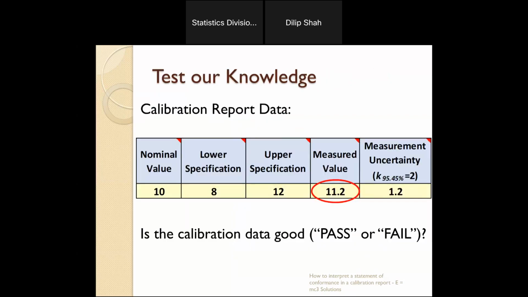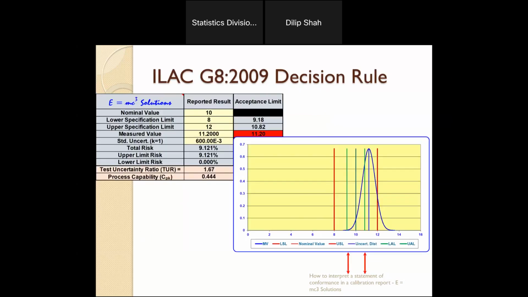So going back to our original scenario, we have the nominal value, measured value 11.2, measurement uncertainty 1.2. If we used our simple acceptance, not taking the measurement uncertainty into account, we would have called that a pass.